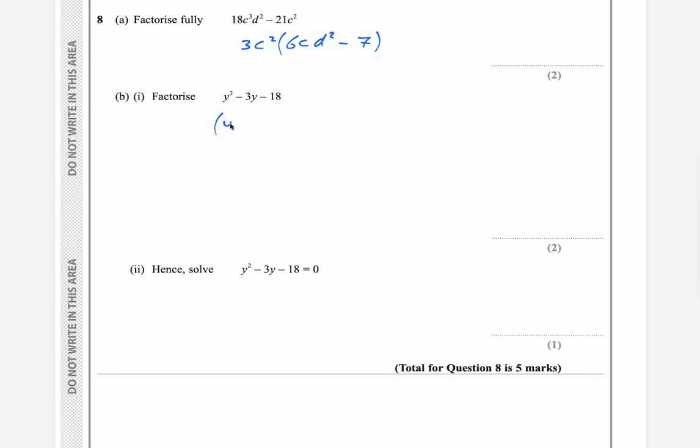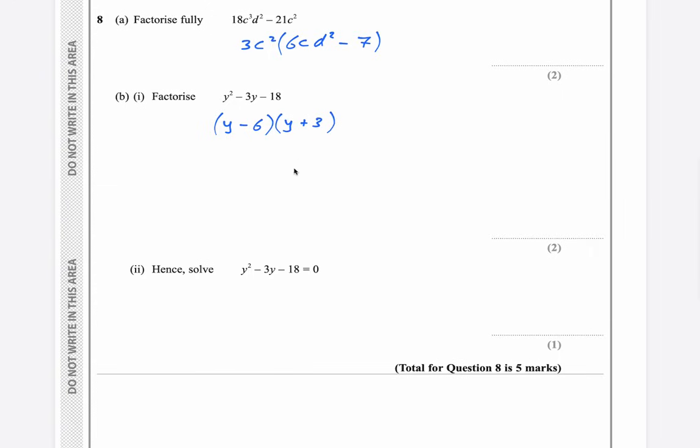Factorize this. Okay, these are the easy ones, guys, because the coefficient of y squared is 1. So all I need are 2 numbers that multiply to give me negative 18 and add to give me negative 3. So I have 6 and 3, and I'm going to go minus 6 plus 3, because minus 6 plus 3 is minus 3.